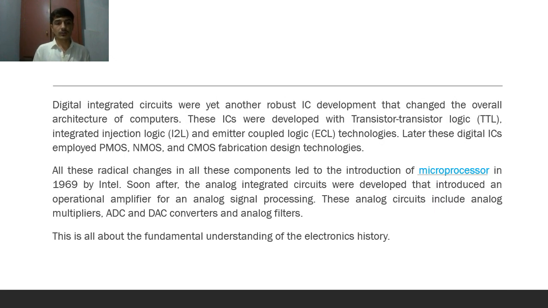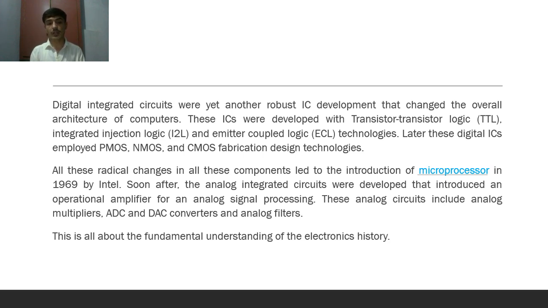Digital integrated circuits were yet another robust IC development that changed the overall architecture of computers. These ICs were developed with transistor-transistor logic, integrated injection logic, and emitter coupled logic technologies.